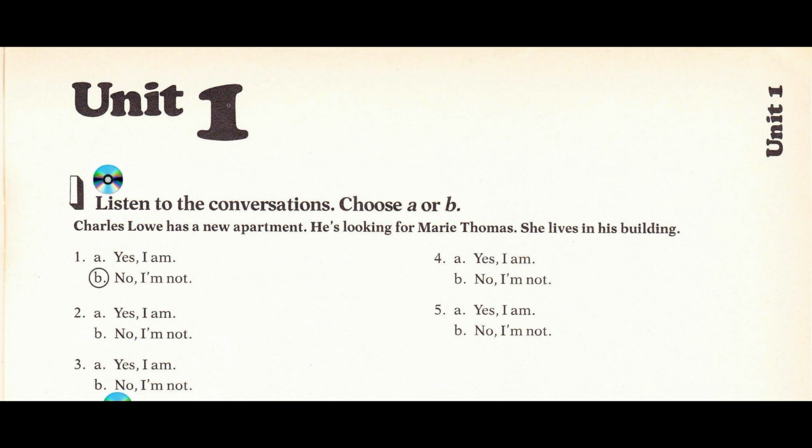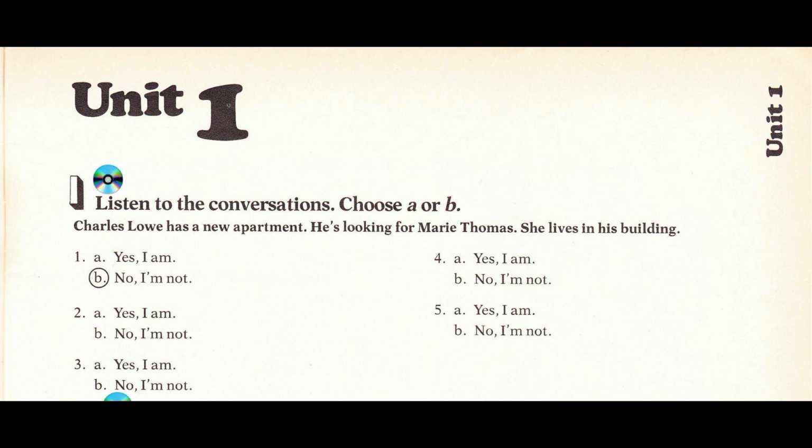Charles Lowe has a new apartment. He's looking for Marie Thomas. She lives in his building. 1. Excuse me, are you Marie Thomas? No, I'm not. 2. Excuse me, are you Charles Lowe? No, I'm not. Sorry. 3.